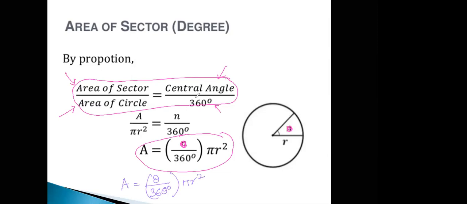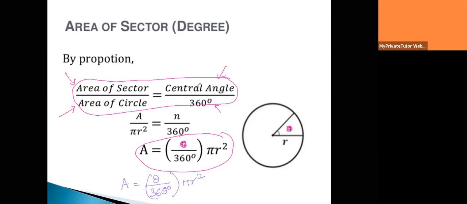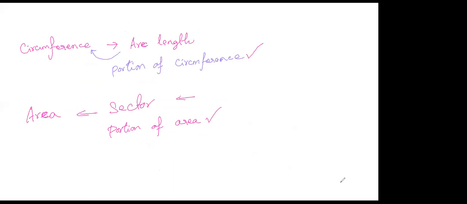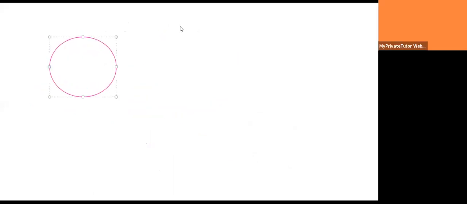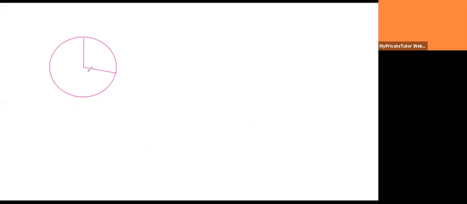So what do I mean by that? Let me share the question with you. Please find the area of this one. Let me draw that quickly. For example, this one is 120 degrees.